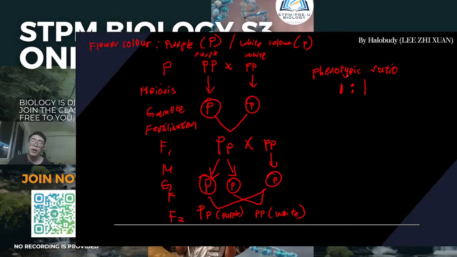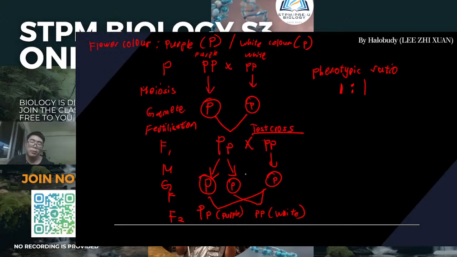So that is why we have the phenotypic ratio 1 to 1. I think all of you know the law of segregation: either you get a 1 to 1 ratio or a 3 to 1 ratio. So this is one of the phenotypic ratios, 1 to 1. This is about the test cross.